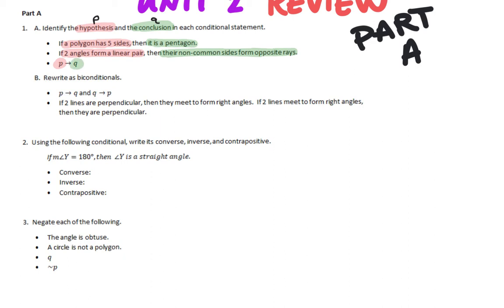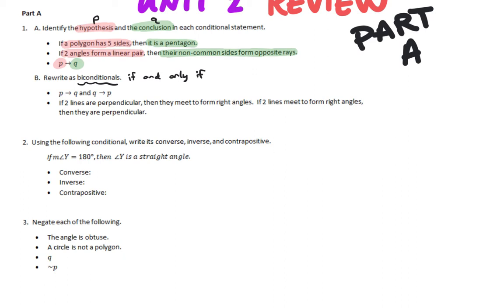Up next, we're going to write statements as biconditionals. Biconditionals use the magic phrase "if and only if." We can write a biconditional if both the conditional statement and the converse are true.